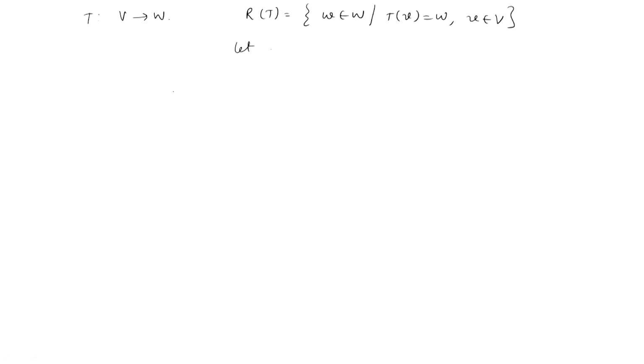You take w1 and w2 in R(T), and for a subspace we have to show that alpha times w1 plus w2 is also in R(T), where alpha is in the field. Okay. So, if these are in R(T), this means there exist some v1, v2 in V such that T of v1 is w1 and T of v2 is w2.